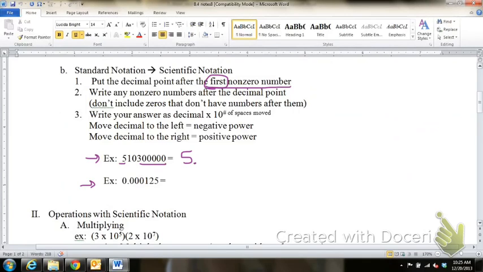When you have a big string of zeros, don't include that. I'm going to chop off the numbers after the 3. So 5.103, bring down my times 10. Now, to figure out what your power needs to be and whether it's going to be positive or negative, you count back to the original.